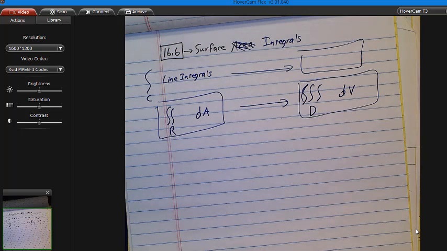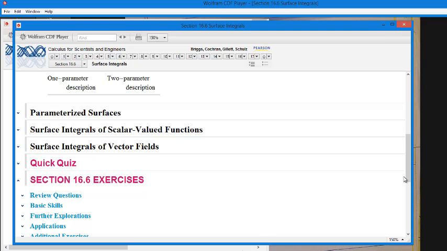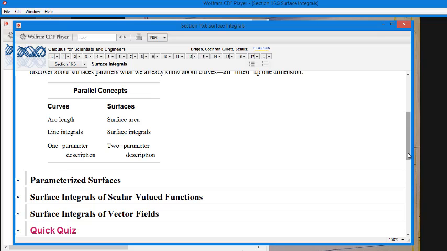Your book mentions some other parallels, which are kind of nice. Let me jump to that now. Right up here, before they even started any of the parallel concepts, between curves and surfaces, right? So they say, well, when you have a curve, you can talk about its arc length.